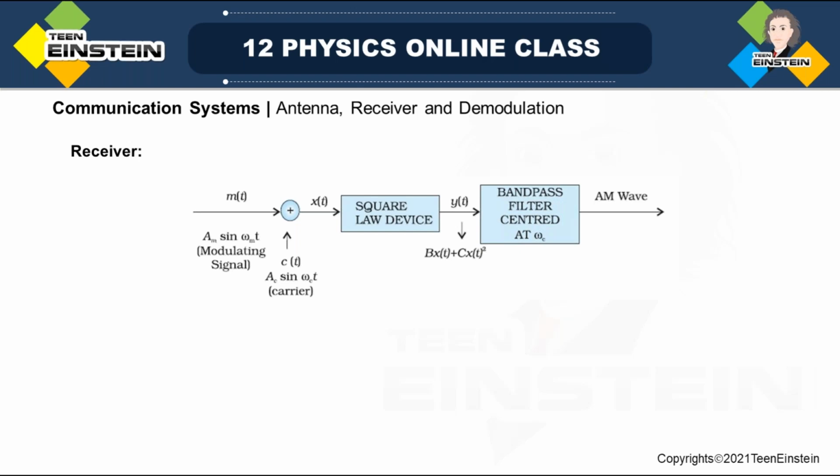The function of the receiver is to recover the original message or the data from the modulated signal. After modulation, the wave has to be propagated to the receiver, right? And there the receiver will separate the modulating signal from the carrier wave. This is the role of the receiver. This is the process of demodulation.